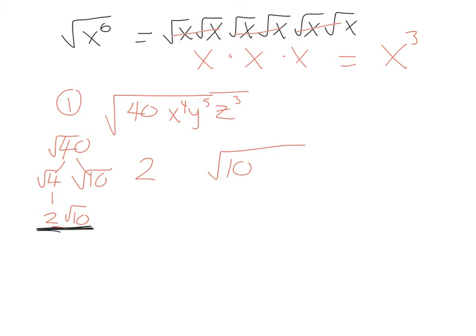I'm going to add more for the variables now. So rad x to the fourth, we know we're writing it out 4 times, and every 2 gives me an x. So that would be x squared, and that's on the outside, not under the radical sign.